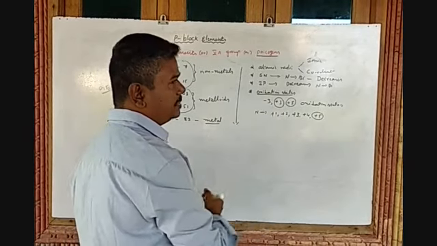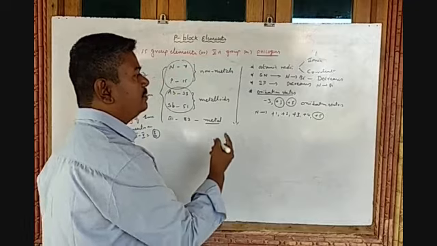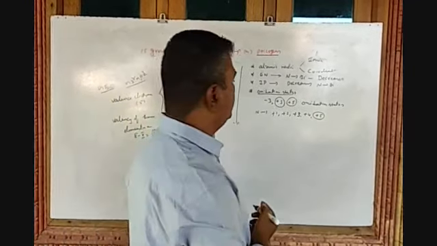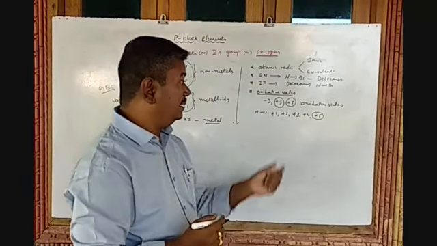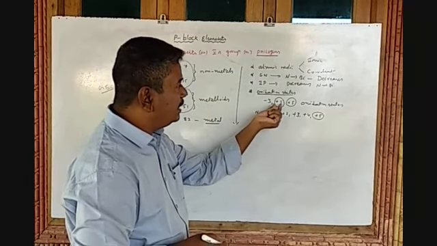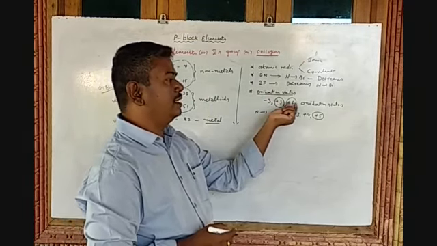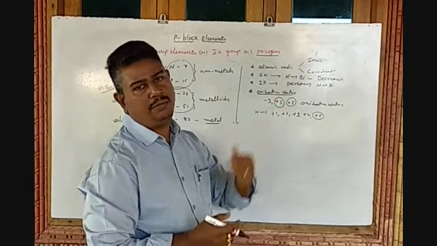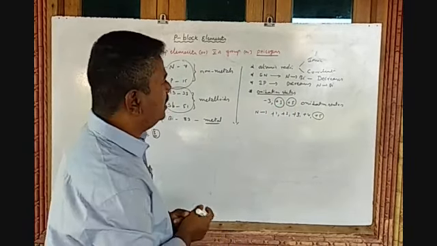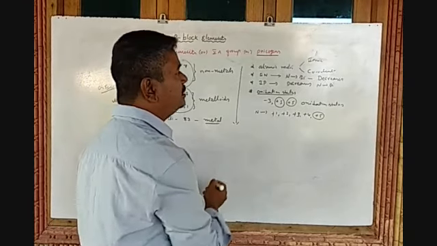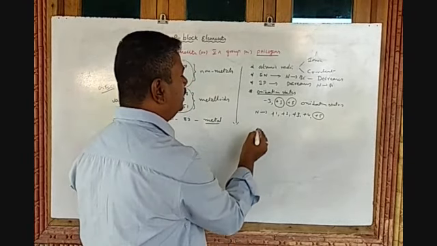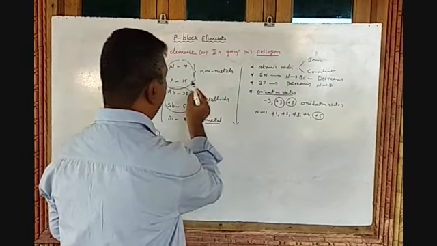The remaining elements also form +3 and -3. In these, the +3 oxidation state compounds are more stable than the +1 oxidation state compounds.